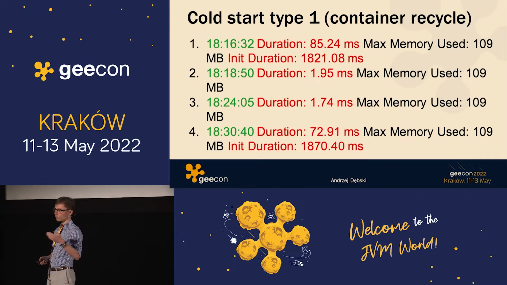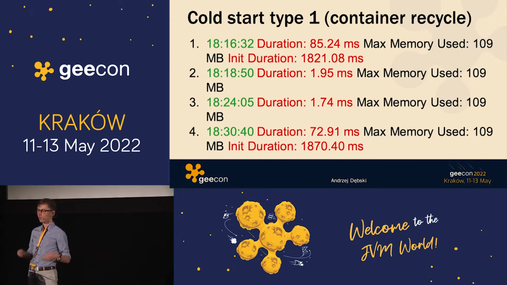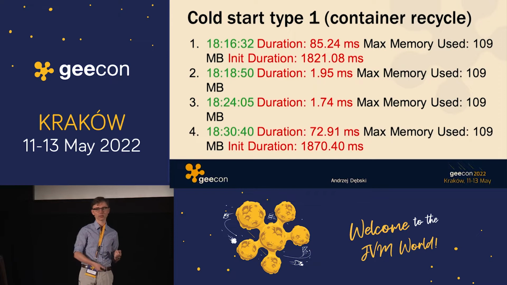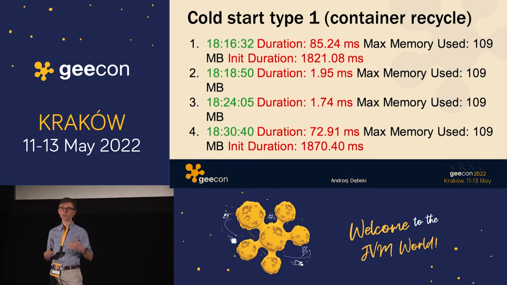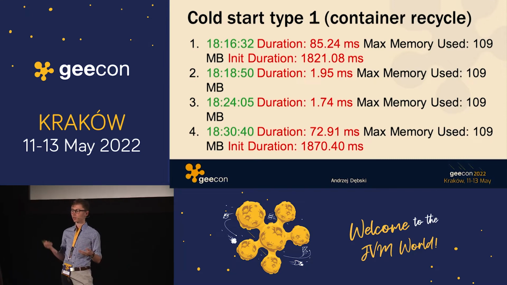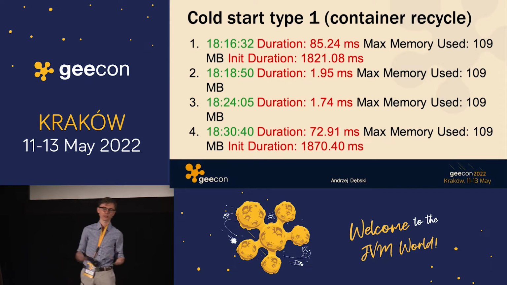Then, after a minute, then 2 minutes, and then a couple of minutes, I did subsequent requests to that Lambda function. You can see that the init duration is not reported, which means that Lambda decided to reuse the container, and cold start type 1 doesn't really affect us. And we see the duration around 2 milliseconds. That's really fast.